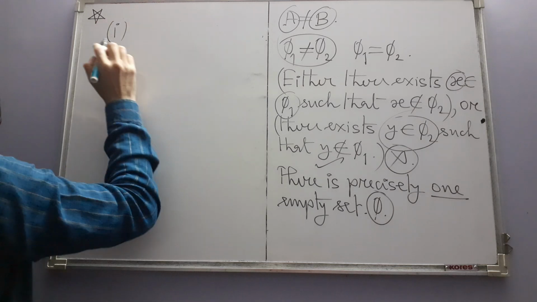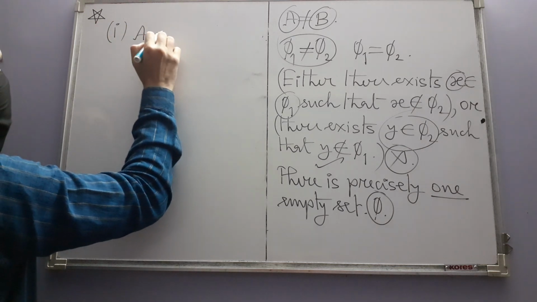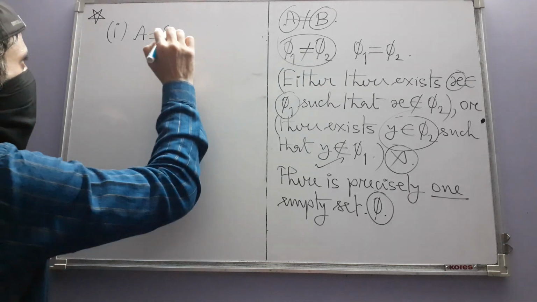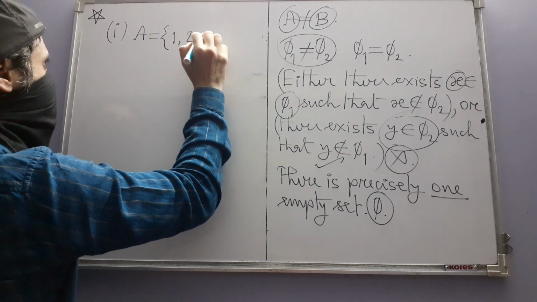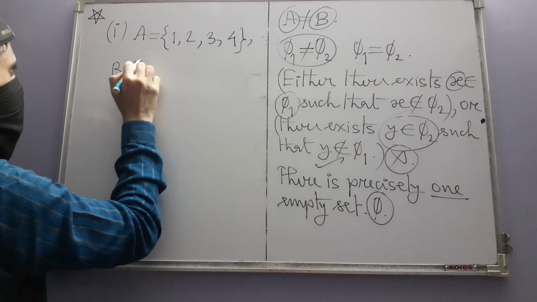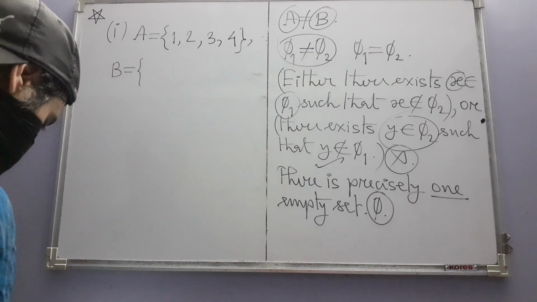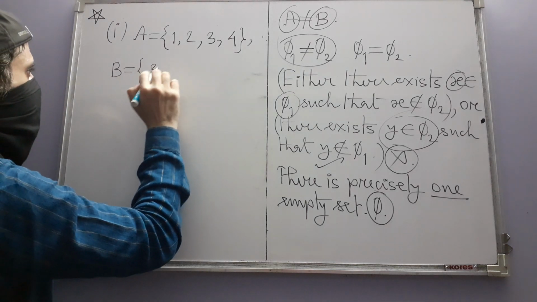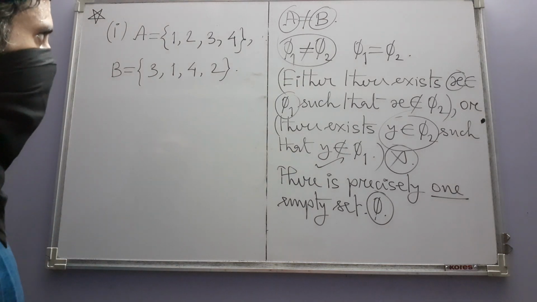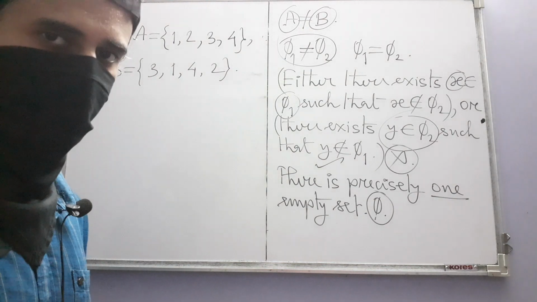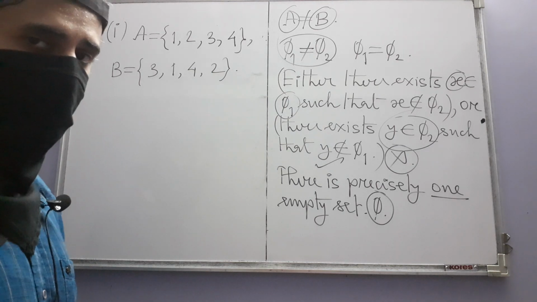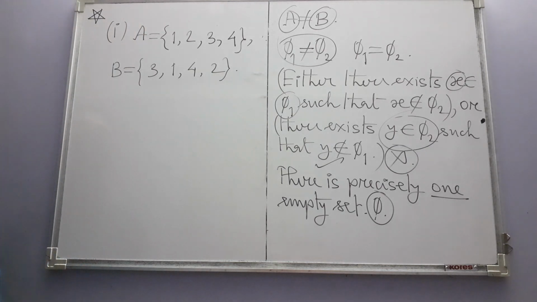Let us look at these two sets to illustrate the notion of equality. A is 1, 2, 3, 4, and the set B is 3, 1, 4, 2. We know that in writing a set in roster form, the order in which we write the elements does not matter.